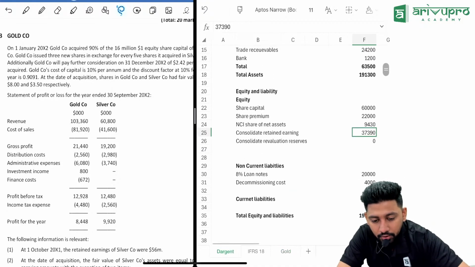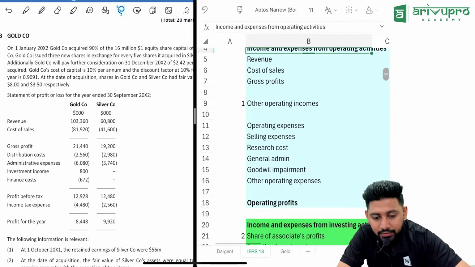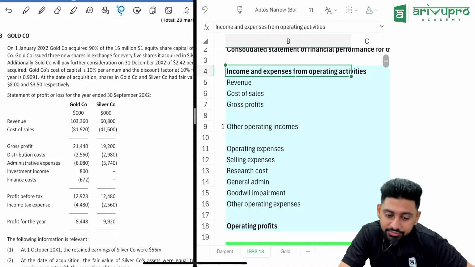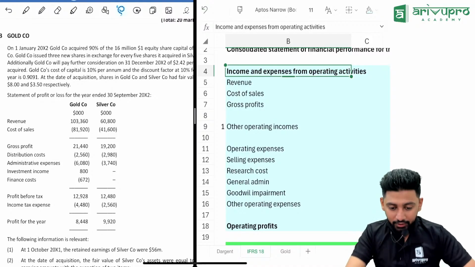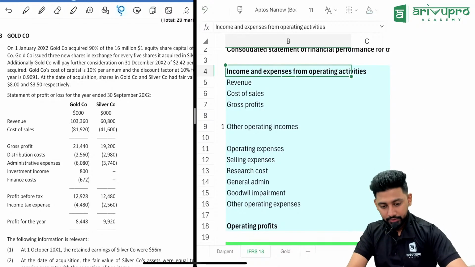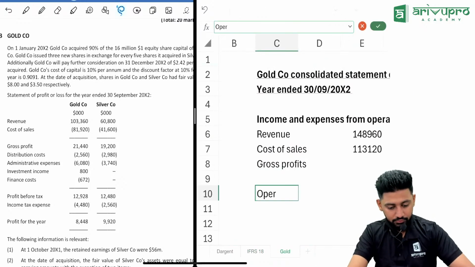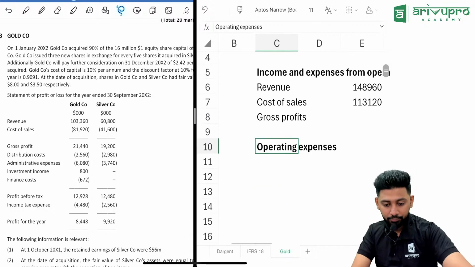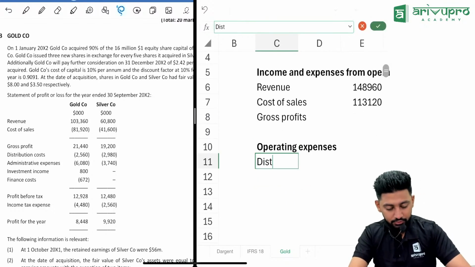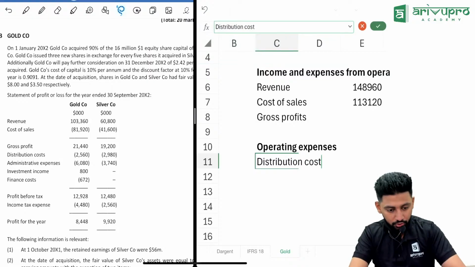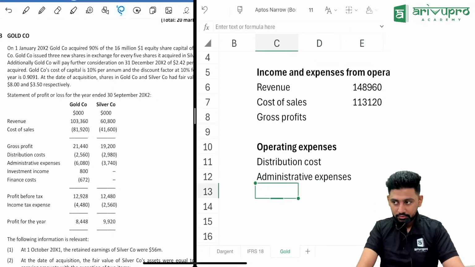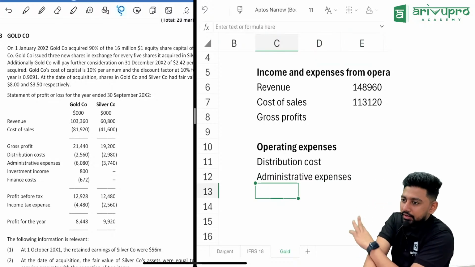Right. Gross profit done. If we have any other operating income, I will take it, but I have operating expenses. Under operating expenses, what do I have? Distribution costs and administrative expenses, done. Investment income will come separately.